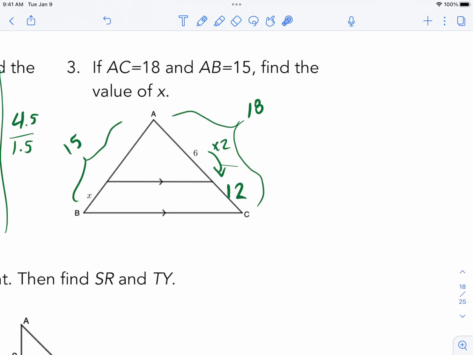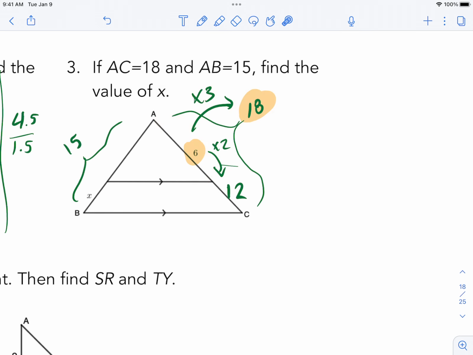Oh, okay, I remember now. So the relationship from this side length to the total length. Well, that's times 3, right? If you take this side length, times it by 3, that would give you the total length.